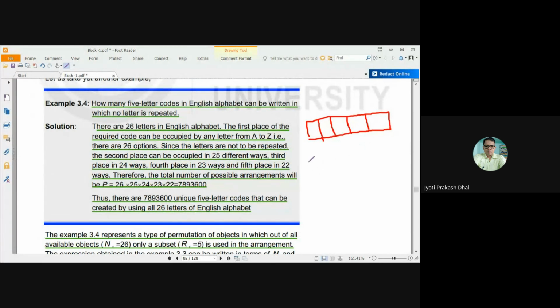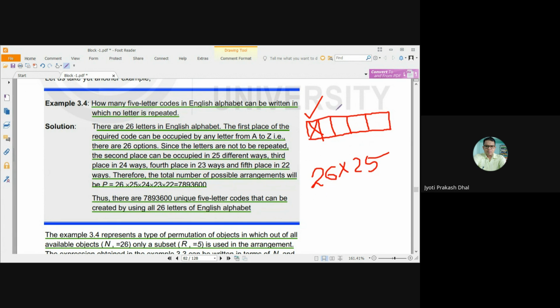For the first letter, the number of ways is 26 because there are 26 English alphabets. Now, after filling the first letter, for the second the number of possibilities will be 25 because the first letter is already fixed.